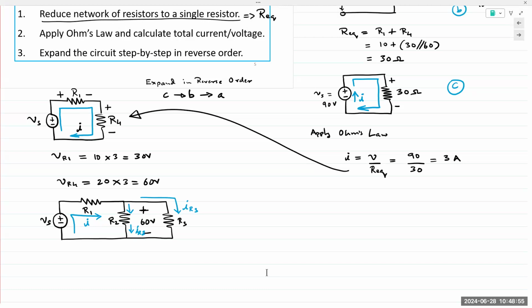Yes. Yes. Both would be 60 because they're in parallel. Yeah. The question being asked was about VR2 and VR3. So VR2 and VR3 is basically VR4. So let me write that down.